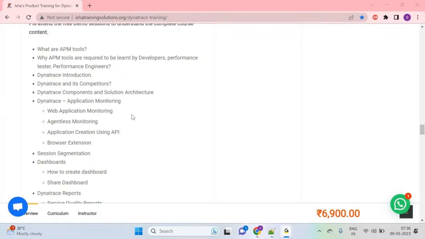You can easily understand whether the problem is from the browser layer, the application layer, the infrastructure layer, or the database layer. You can easily understand where the problem is. That is the reason the learning of these tools is becoming very, very important.